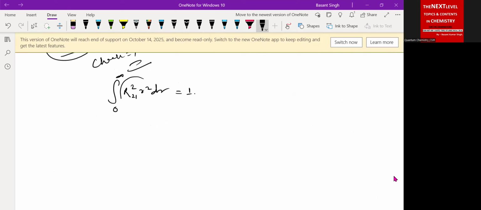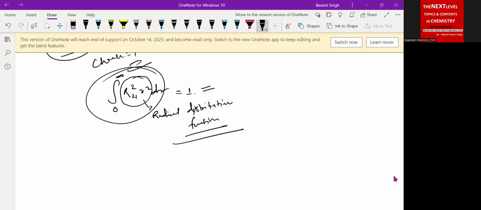Then this is the radial distribution function, otherwise not. So I have to prove that this is equal to 1.